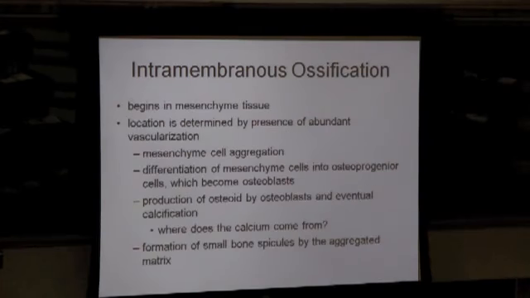Now, how does this actually start? So I think what I will do is I will switch over to diagrams. You guys can follow along on the slides, but I will basically be drawing this stuff as we're going along. So initially, you're going to start out with mesenchyme cells.